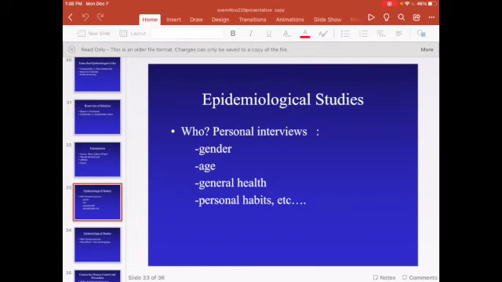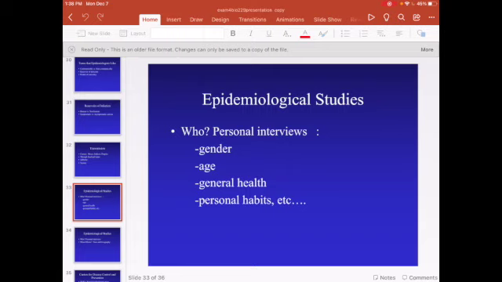So, okay, when you do an epidemiological study, and this is all stuff from the very beginning of the course too, they do a lot of personal interviews to figure out how things are being transmitted, and this totally happened in the beginning of the pandemic as well. They wanted to look at who was getting it. Did their gender make a difference? Did their age make a difference?